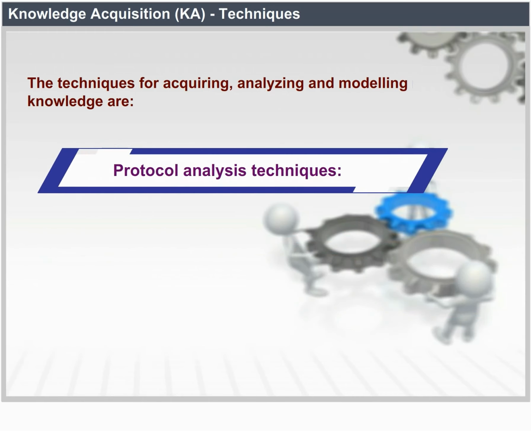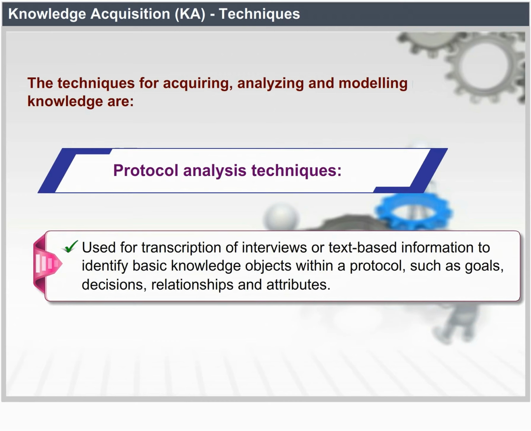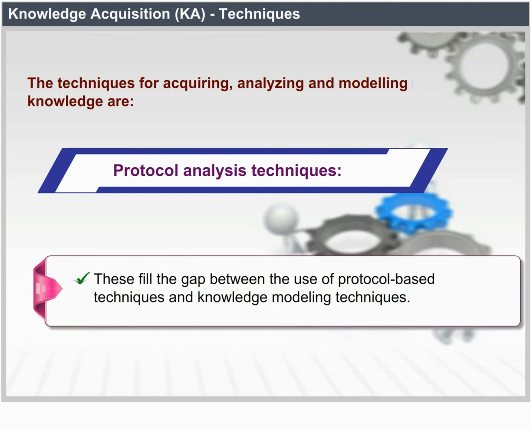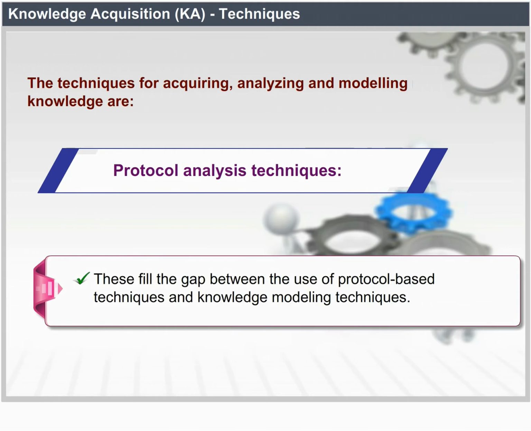Protocol analysis techniques are used for transcription of interviews or text-based information to identify basic knowledge objects within a protocol, such as goals, decisions, relationships, and attributes. These fill up the gap between the use of protocol-based techniques and knowledge modeling techniques.